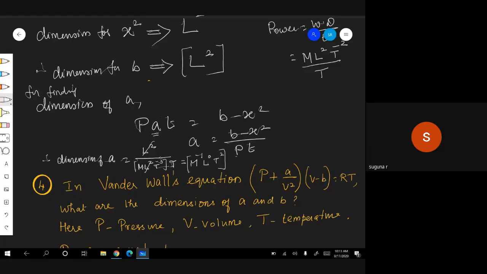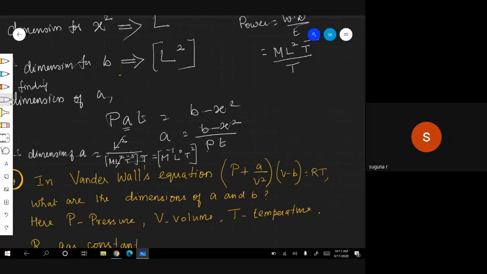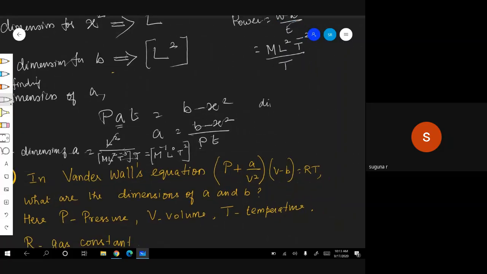Ma'am, if they ask find A by B, then we have to divide that. That's A by B. Find the dimension for A by B. A is M power minus 1 L power 0 T squared, divided by B, which is L squared.